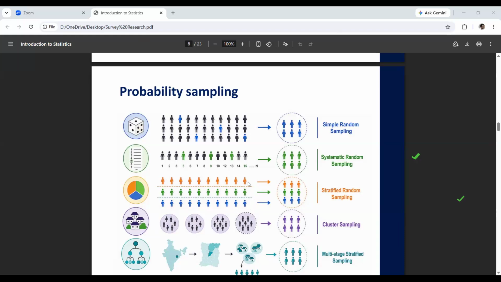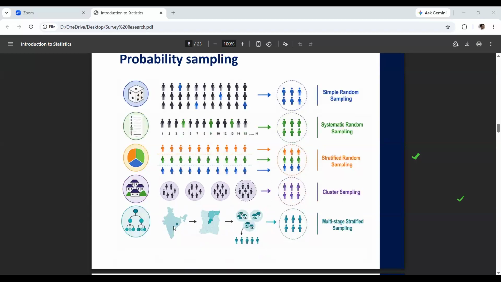So we will select a 33% sample from this group, 33% from this group, and 33% from this group. Suppose their composition is 20%, 20%, and 60%. Our sample composition will also be 20% from this group, 20% from the second group, and 60% from the third group. Okay, corresponding.